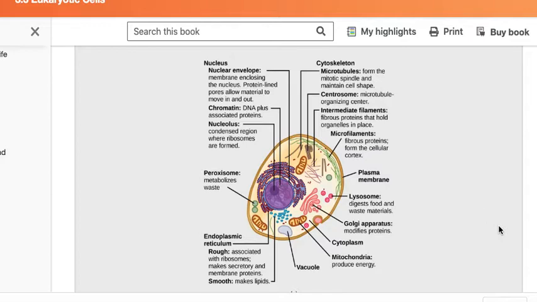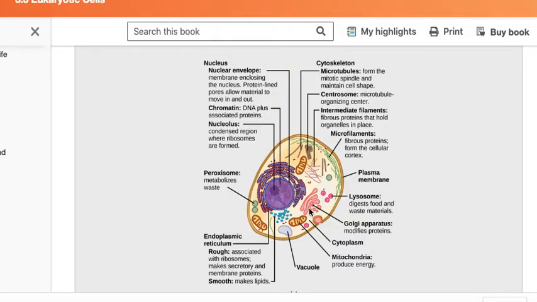Eukaryotic cells are what humans are made of. And there's a lot of compartments inside, and you can see that here in the picture. In a cell with compartments, the chemical reactions can occur in isolation from one another.